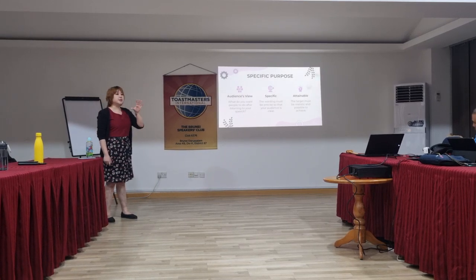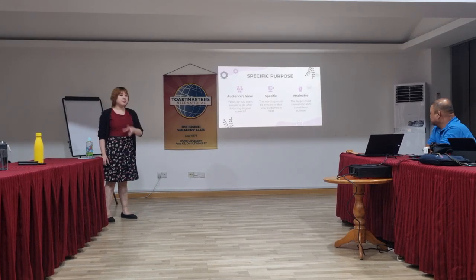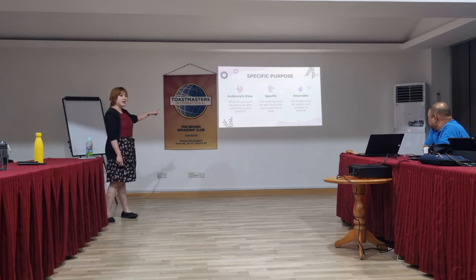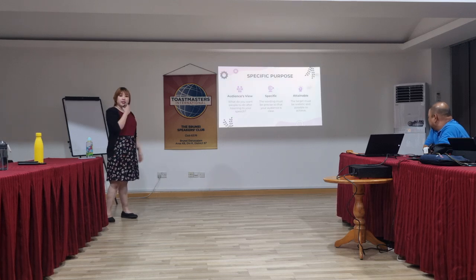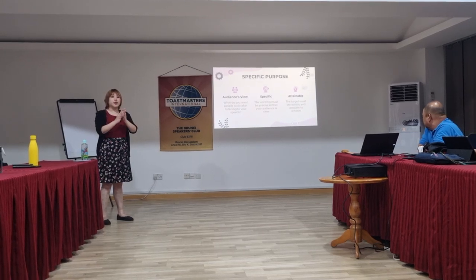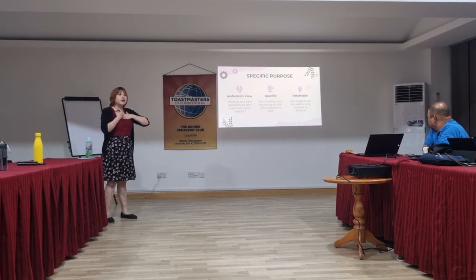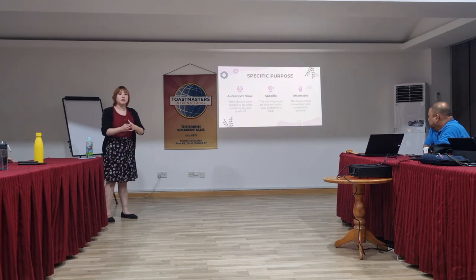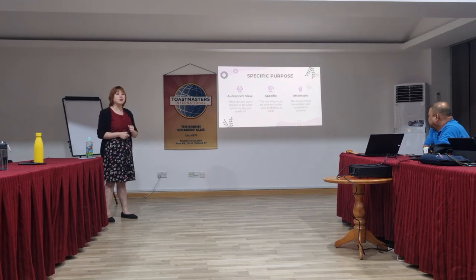When you are choosing a specific purpose for your speech, you must think about three things. One, the audience. You must always have your audience in the center of your mind. Why you're doing this speech, you're doing it for the audience because you want them to do something, and what is it you want them to do?